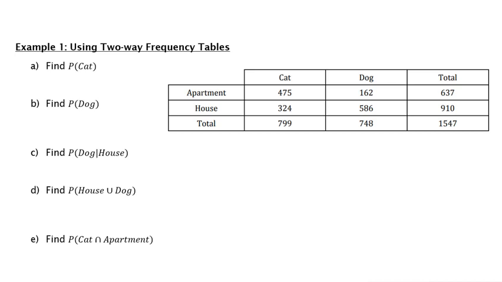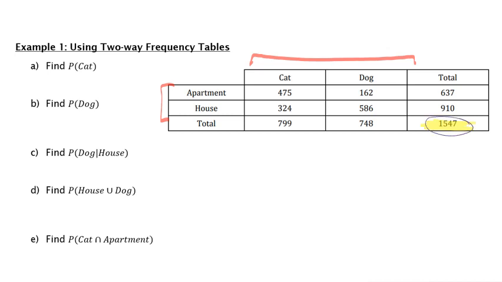So the first thing we always want to look at is how many people are represented in this data. In this case, it's 1,547. We have these different categories that are breaking up this data into cat versus dog and apartment versus house. So the first one is asking for what's the probability that someone owns a cat. So remember, it's the total of favorable outcomes over total possible.